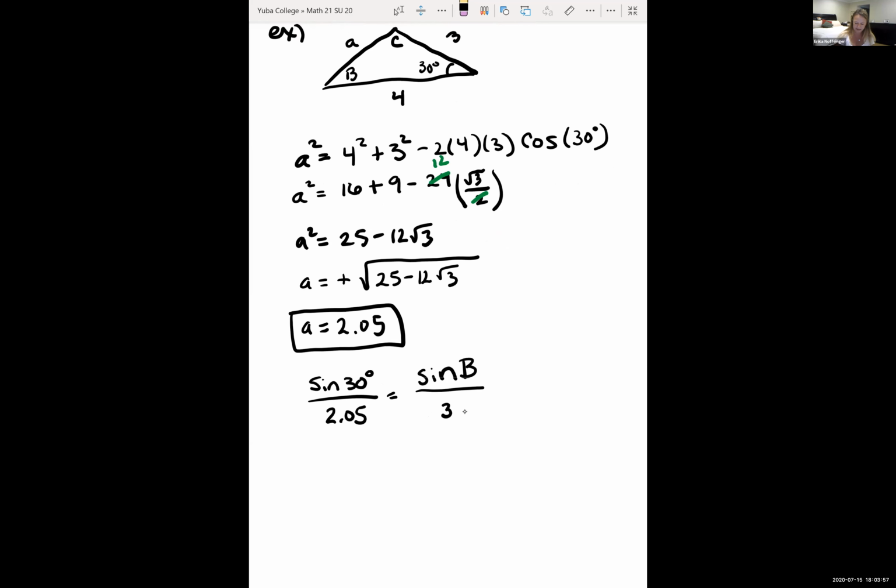So multiply both sides by 3, and then take the sine inverse of both sides. So sine of B is equal to 3 times sine of 30 degrees all over 2.05. So B is equal to sine inverse of 3 sine 30 degrees all over 2.05.